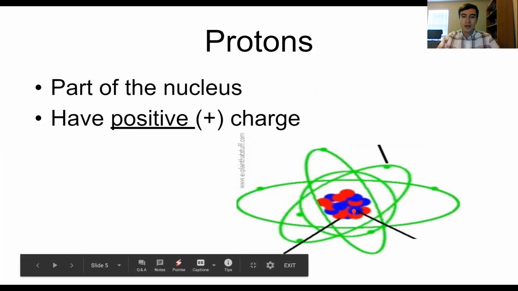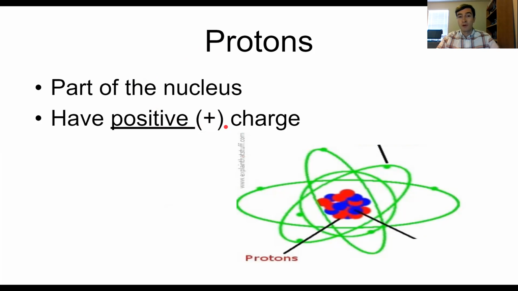So in our little picture, we've got some positive red protons hanging out here in our nucleus. Protons are positive. And that's going to be important a little later on. So make sure you stick that in your brain.